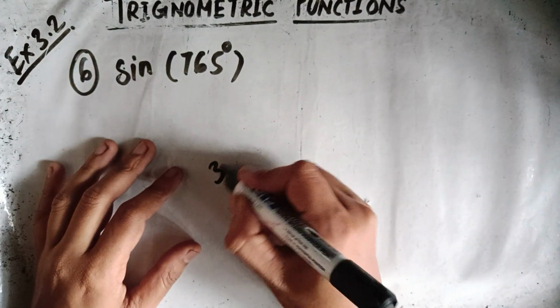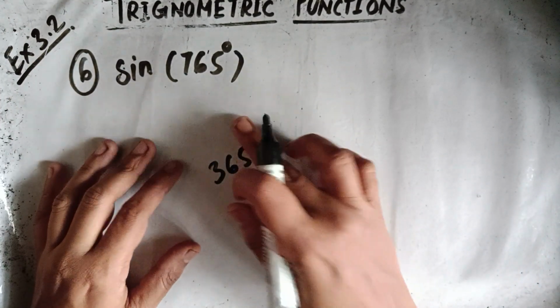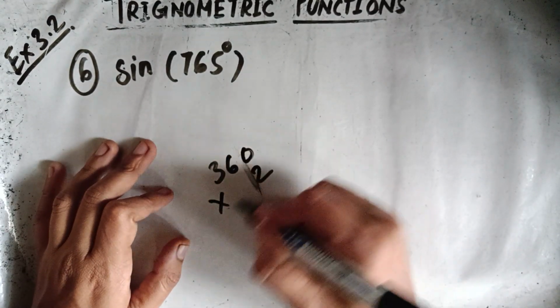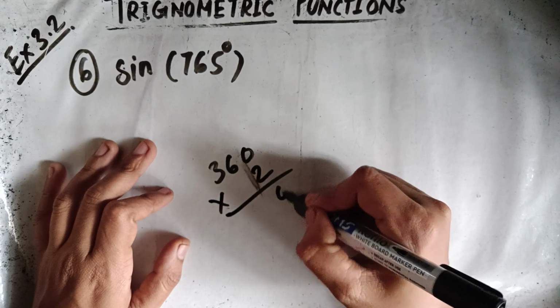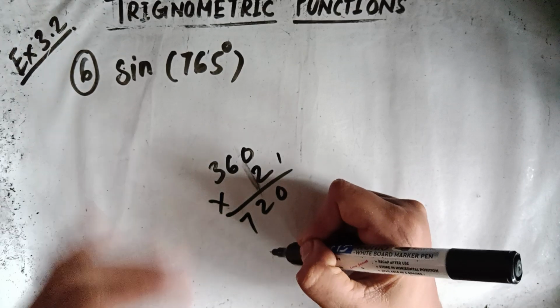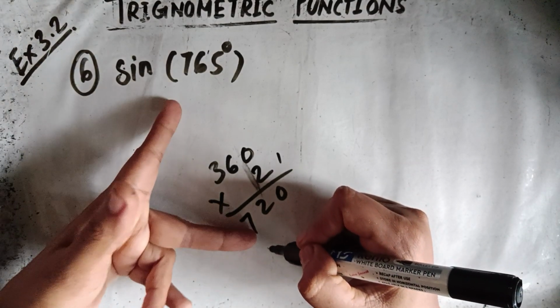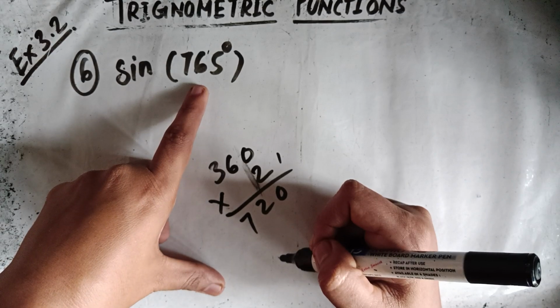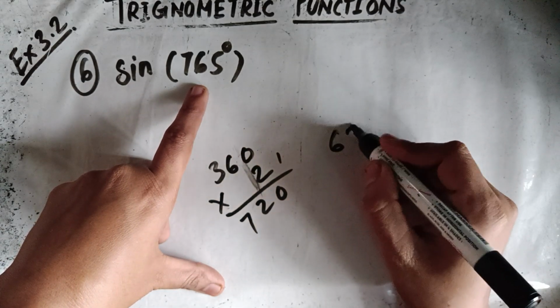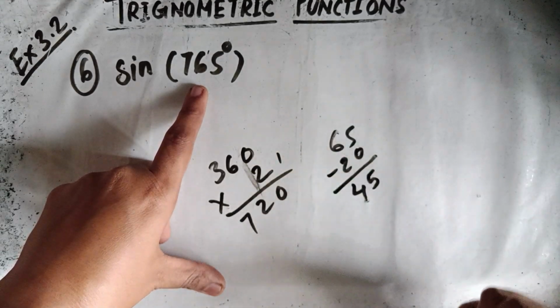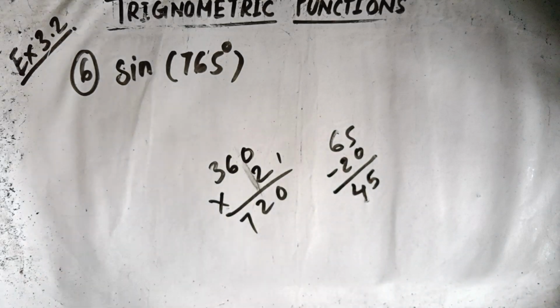That is, in the table of 360, you will get one value which is closer to this value. So that is 2 pi and 0 we consider same. Okay. So 360 into 1, into 2, 720 is closer to this. Okay. And if I take 765 minus 720, we'll get 45.